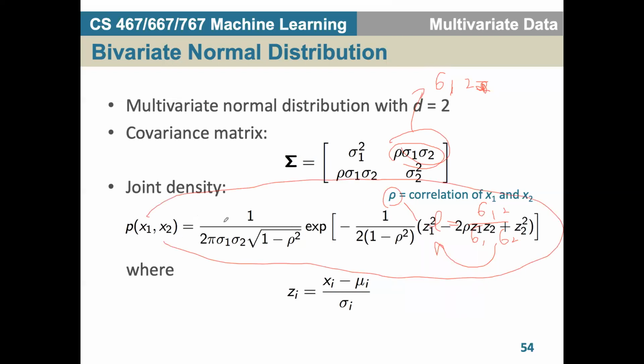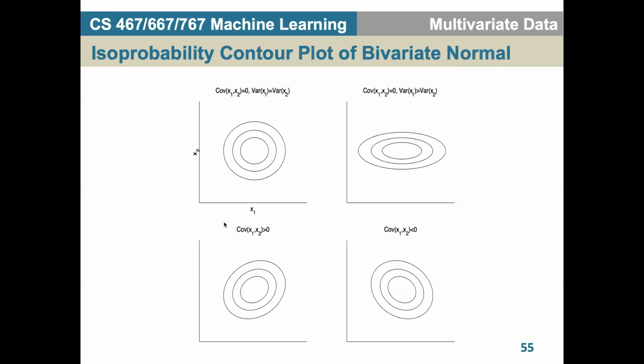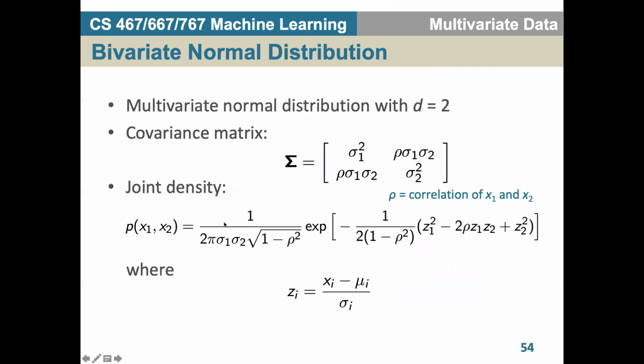Why can we do something like this? Let's go back a little bit. If you remember, what should be the term here? Let me call out the pen here again. If you look at this term, we talked about the determinant of sigma.